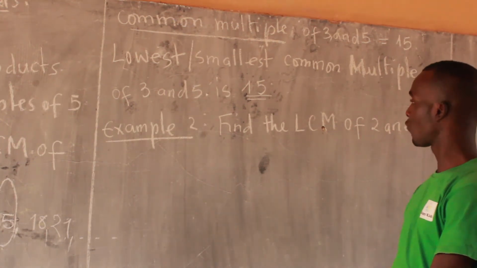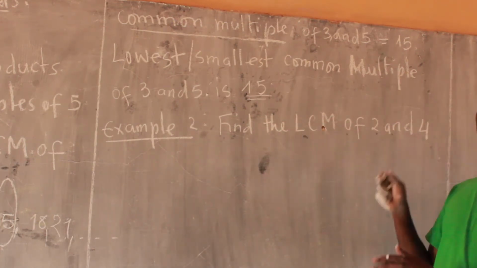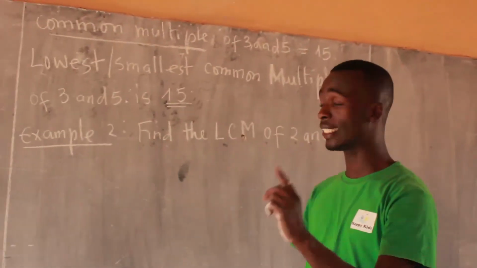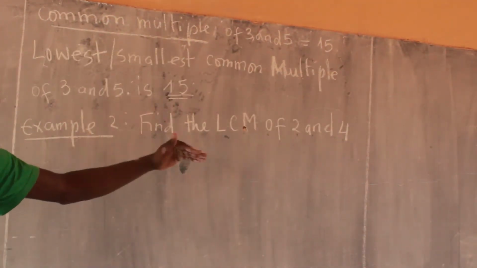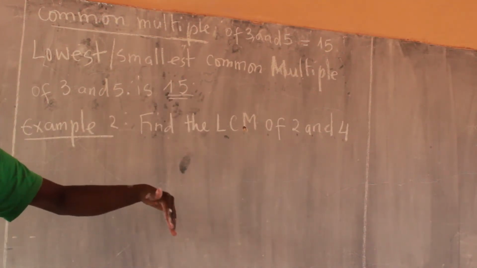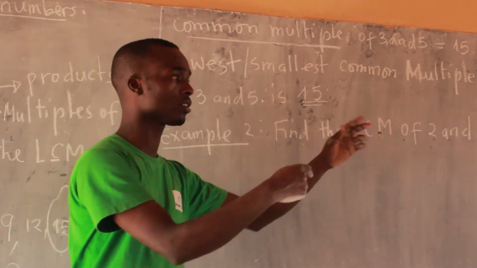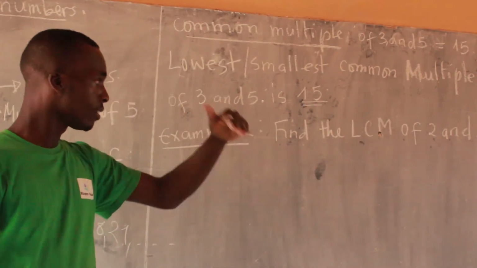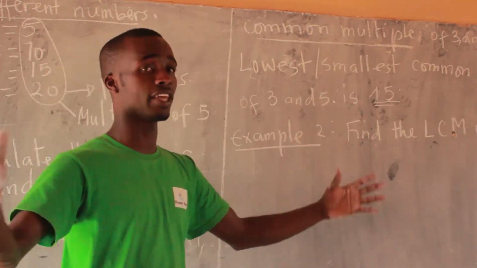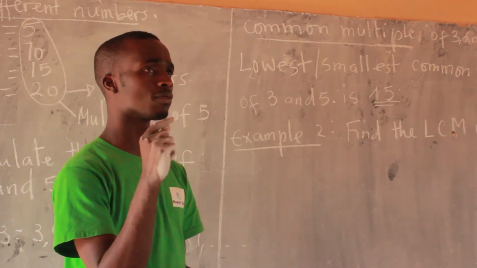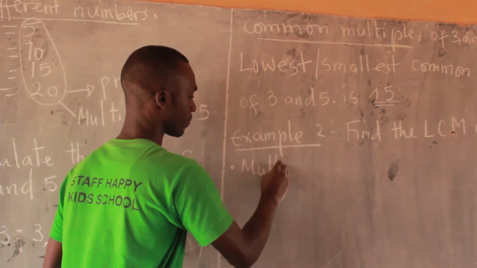To find the lowest common multiple of 2 and 4, what do we do? We need to first list what are the multiples of 2, what are the multiples of 4. Then after showing those multiples, we need to see what are the common multiples of 2 and 4. After showing them, we also show the smallest one. So let's first see the multiples.